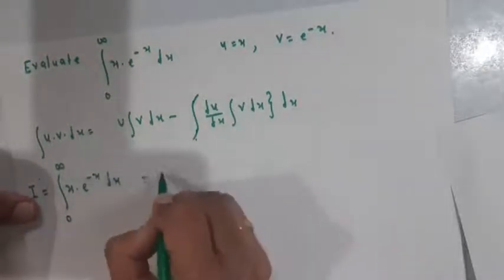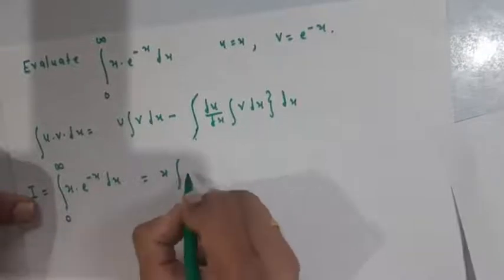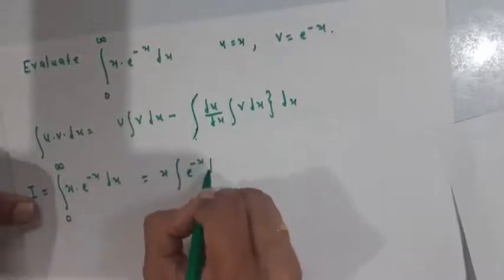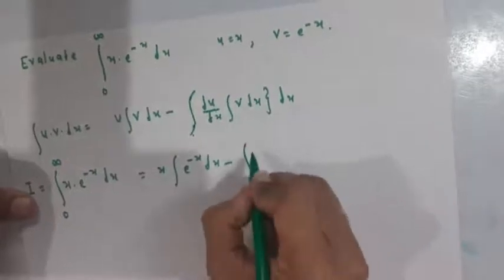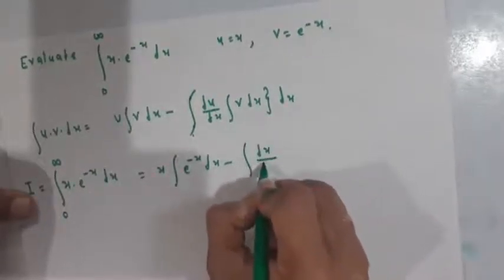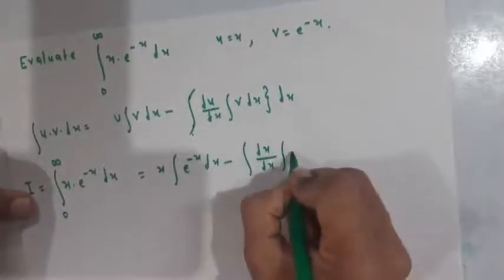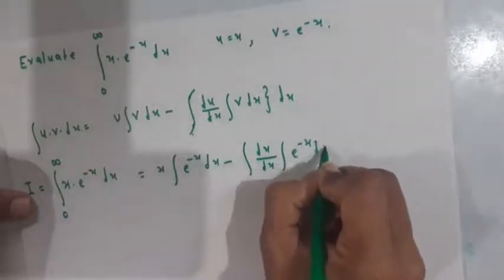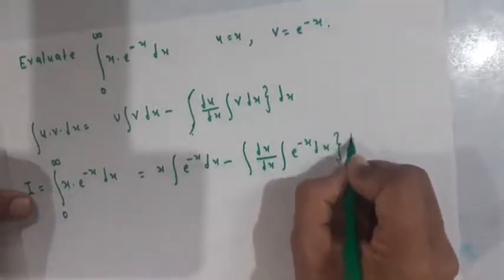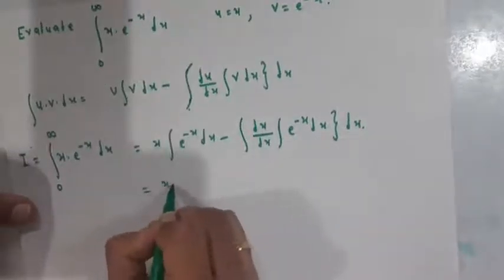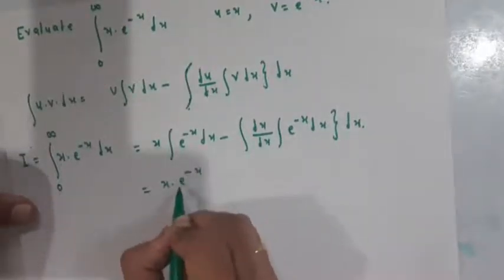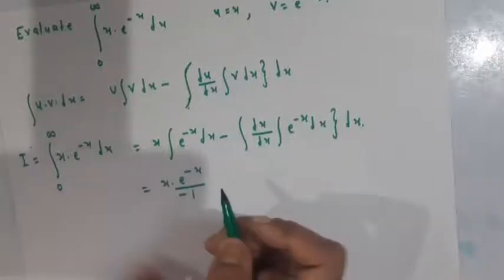That is x integration of e raised to minus x with respect to x minus differentiation of x with respect to x integration of e raised to minus x with respect to x and whole integration with respect to x. So this is equal to x e raised to minus x upon minus 1.